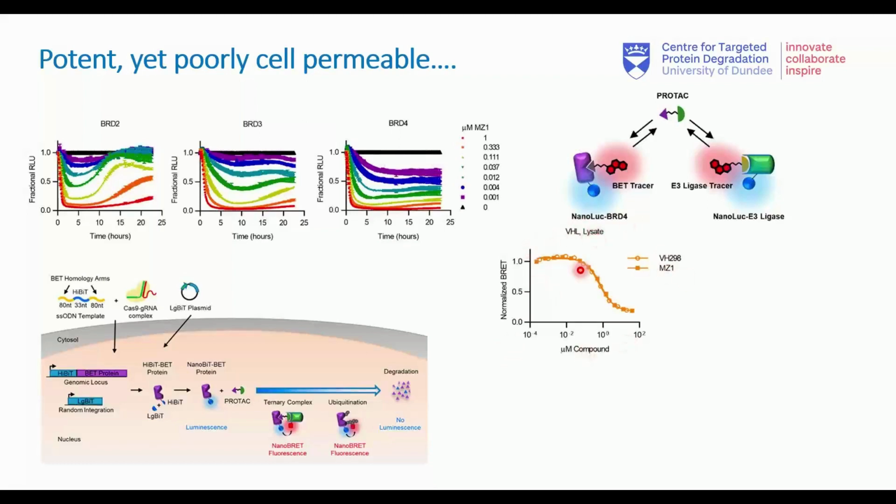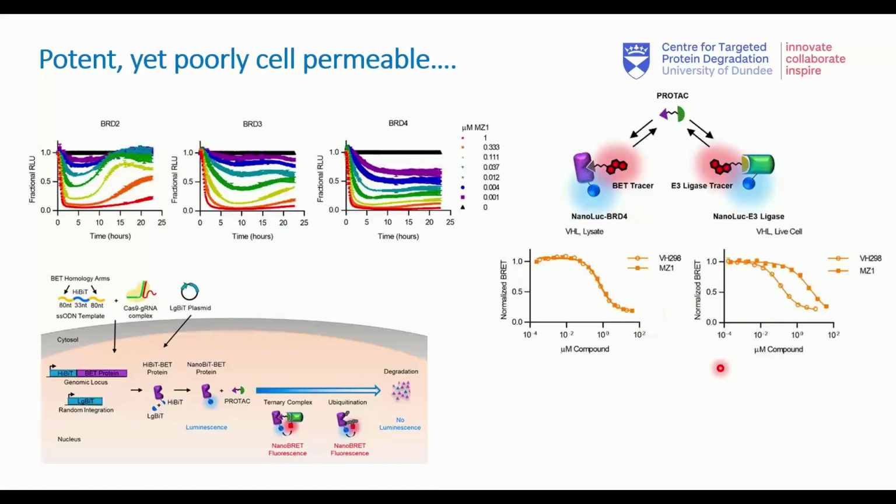This is from cell lysate, so obviously there's no cell membrane. Well, it's been mashed up, if you like. And this is comparing VH298, which is a potent VHL inhibitor, and also MZ1. You can see that in lysate they are very similar, if not the same, responses and binding affinities towards VHL.